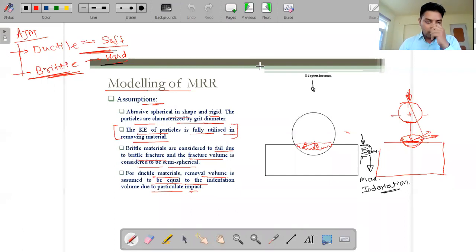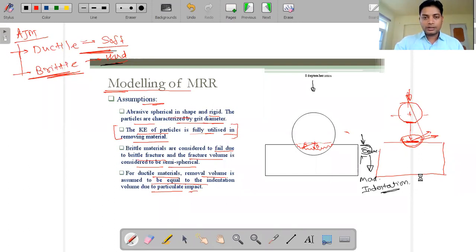Today I'm going for the modeling of the material removal rate. I expect that whatever we discussed yesterday is clear, but if you have any doubt you can ask me later as well.